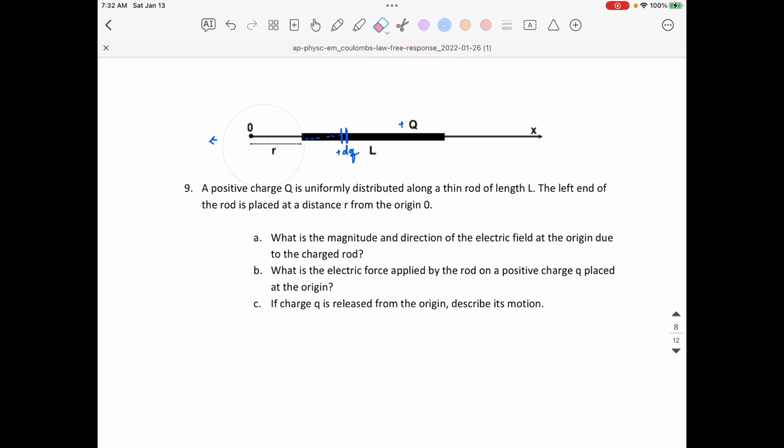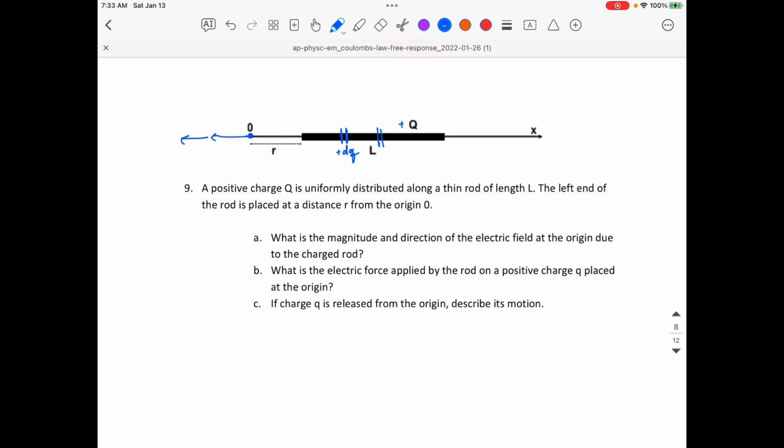So let me erase the path in between, and actually let me make a better horizontal line here. It's going to be a positive charge going outward, and then as I take more and more pieces of this rod, it's going to continue to stack positive charges pointing to the left.